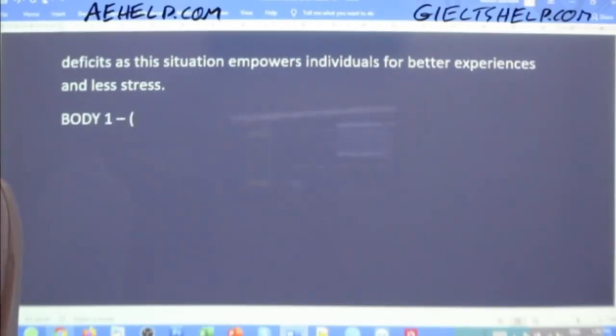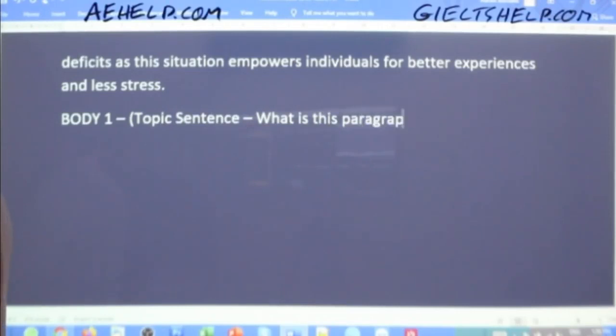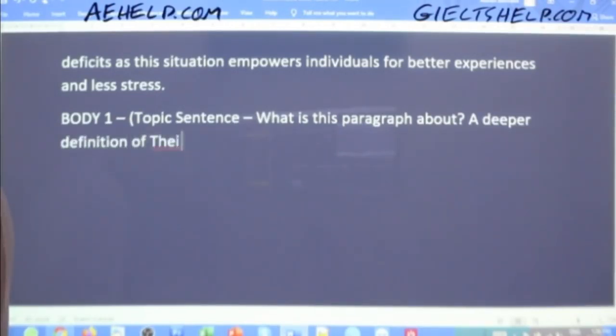Just like for the list of headings questions in reading, the topic sentence for body paragraphs answers: what is this paragraph about? That means a deeper definition of thesis point 1.